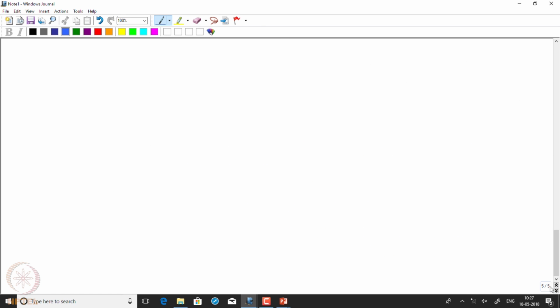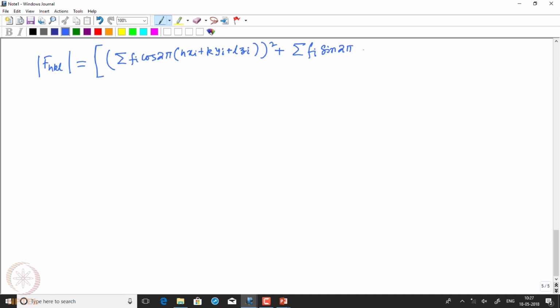So, one can calculate the mod of FHKL as the square root of (sum over Fi cos 2 pi (Hxi plus Kyi plus Lzi)) whole square plus (sum over Fi sin 2 pi (Hxi plus Kyi plus Lzi)) whole square.